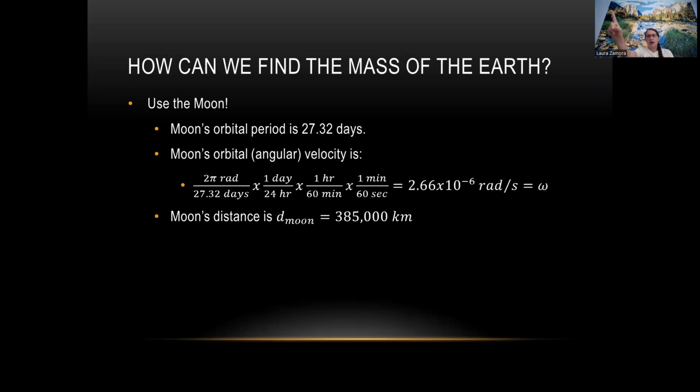And so we can see how that star jumps back and forth in relation to those background stars. If we measure that angle that it jumps through, we can figure out the distance to that star, because the parallax angle, excuse me, is a relation between distance and that angular displacement.